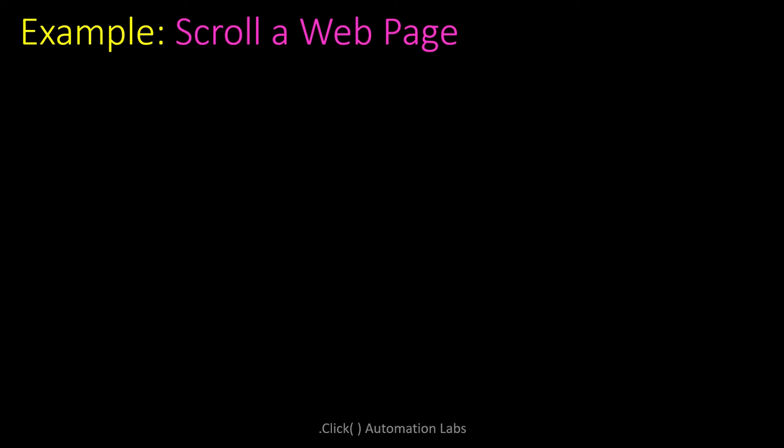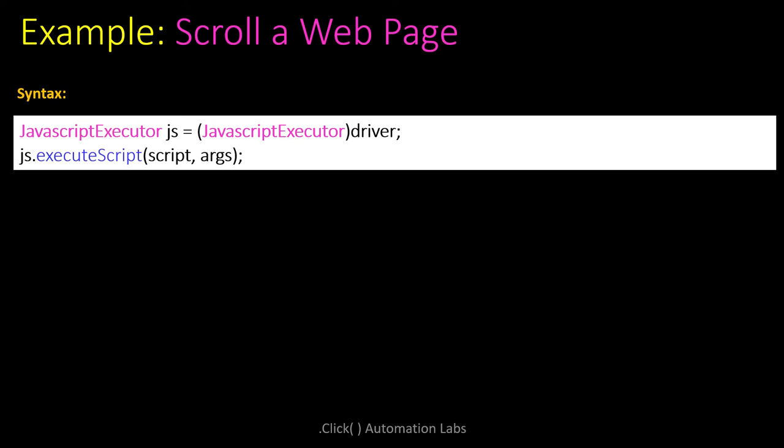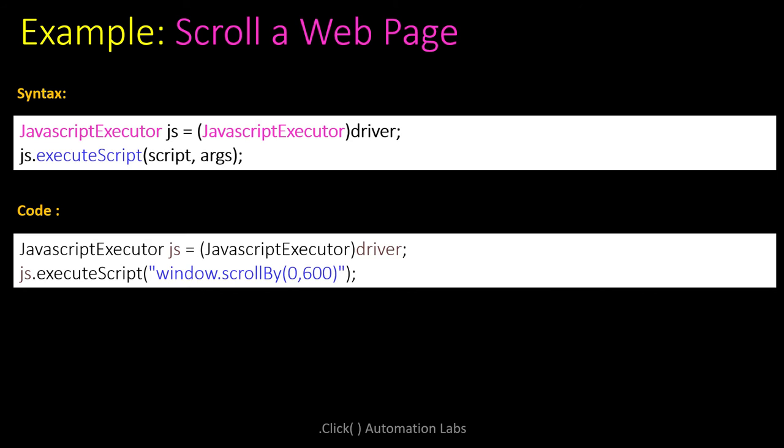In such cases you can use this scroll method. In a similar way, we'll be creating a JavaScript executor object dot execute script, but the only difference is that we are passing this code, window dot scrollBy, and these are the x and y coordinates where you wanted to scroll. Based upon your requirement, you can adjust these values so that you can scroll to the specific element.